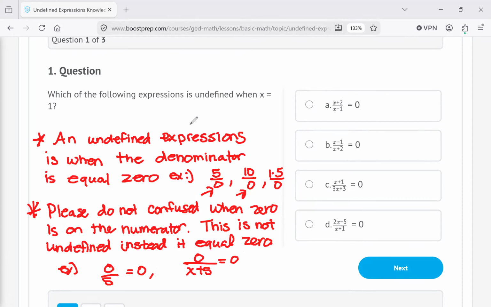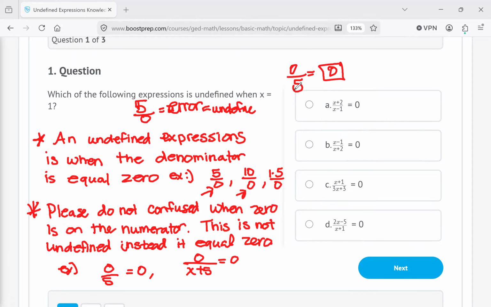For example, if you put 1 or 5 over 0, hypothetically, in your calculator, and it says error, that's how you know it's undefined. If you put 0 over 5 and the calculator says 0, not undefined, then it's just 0.